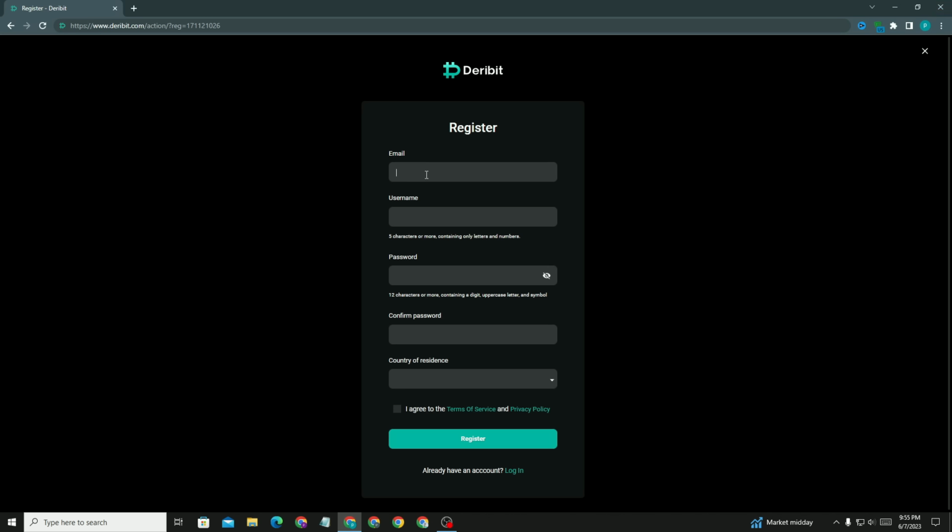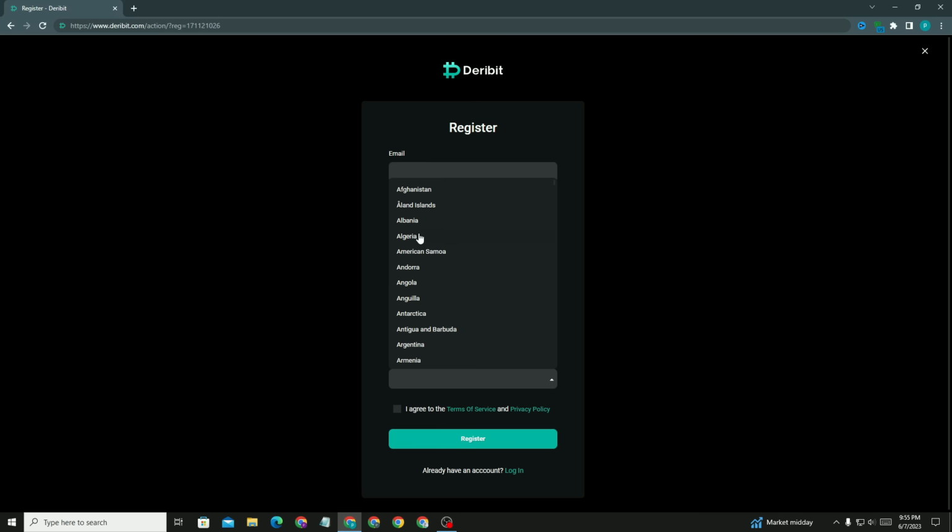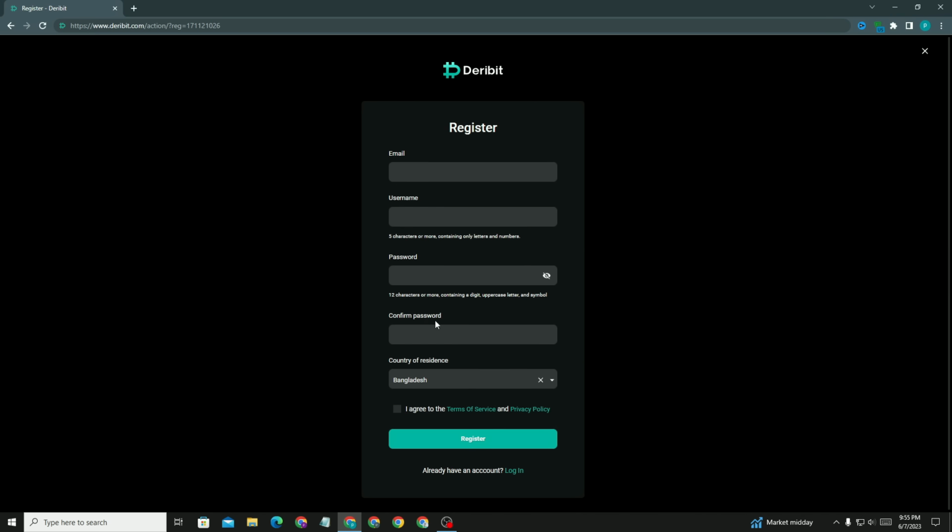Here you can see the interface, like register, username, password, confirm password, and everything else. So before moving towards the Deribit functions and functionality, you need to fill the form like email, password, phone number. I cannot enter the email, it's against YouTube policy, so I can only guide you.